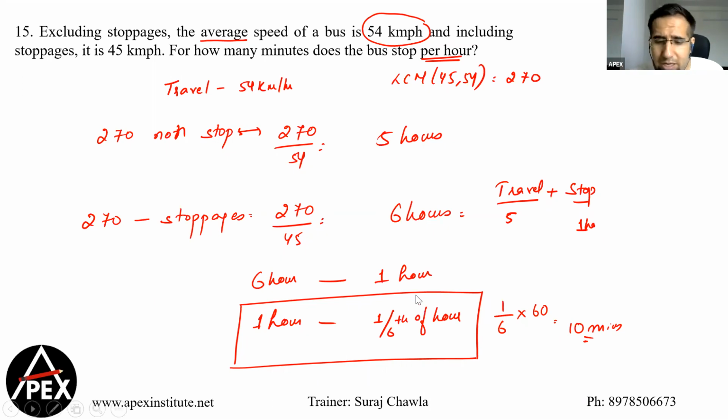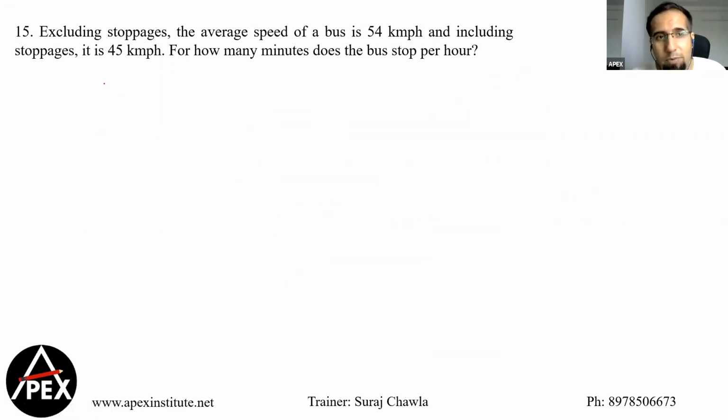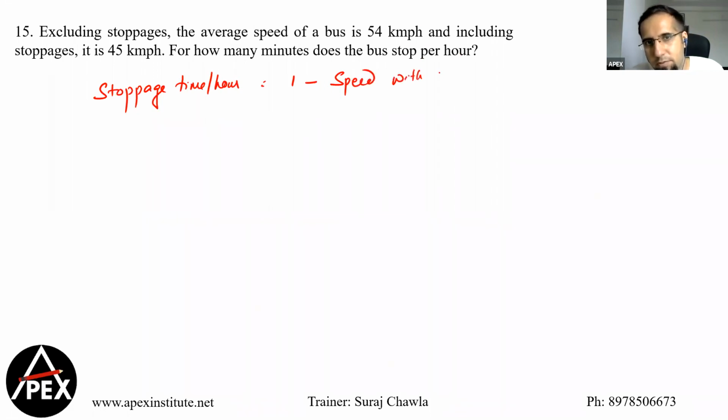Okay. Now let's understand the formula. This is a standard model, and for a standard model we have standard formulas. So I repeat, the stoppage time per hour is 1 minus speed with stoppages divided by speed without stoppages.